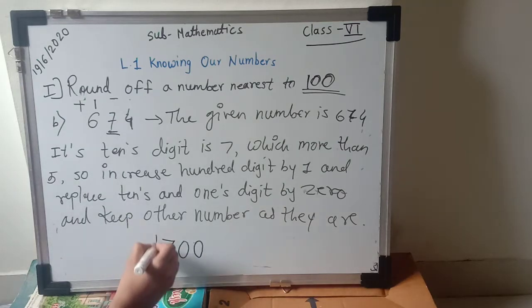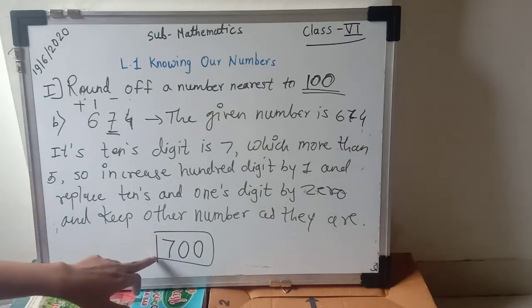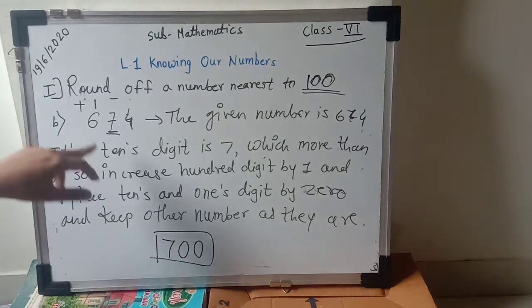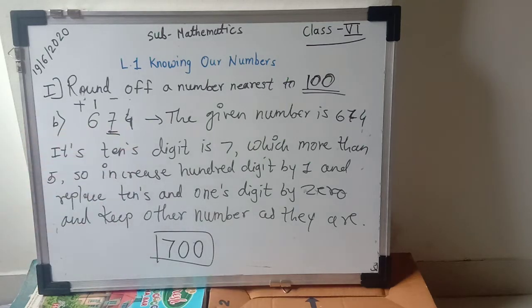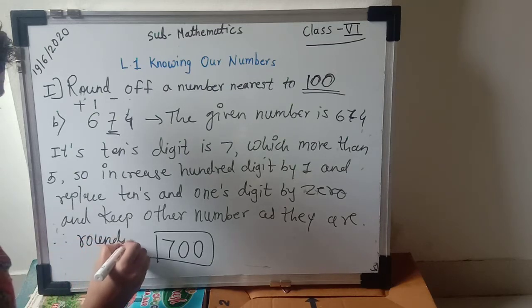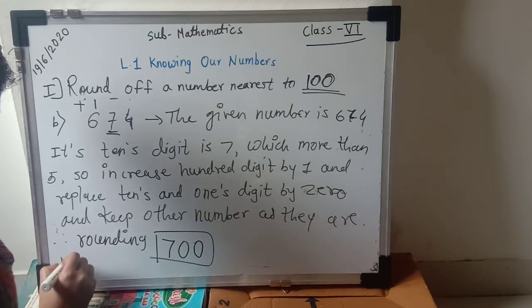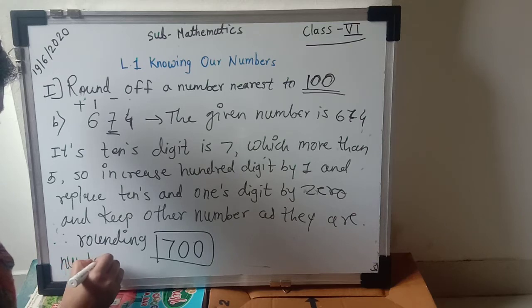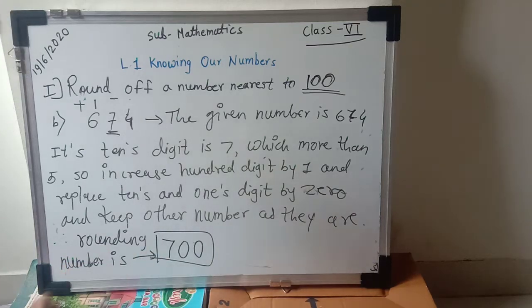So here we got the number 700. So 700 is the rounded number of 674. Therefore, the rounded number is 700.